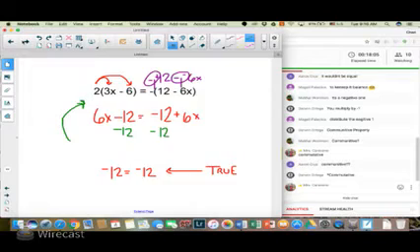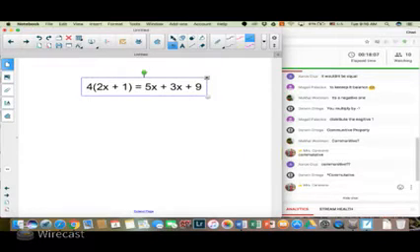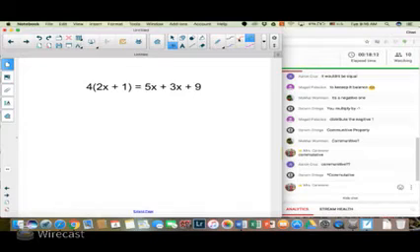So the last scenario is here. To simplify this, we have a few things going on. On the left-hand side, we have our distributive property. I'm really excited about the commutative, but we have distributive property here. We have 4 groups of 2x plus 1.